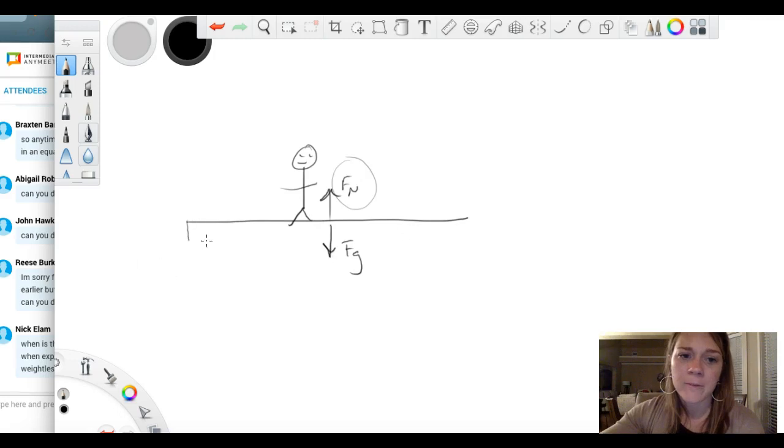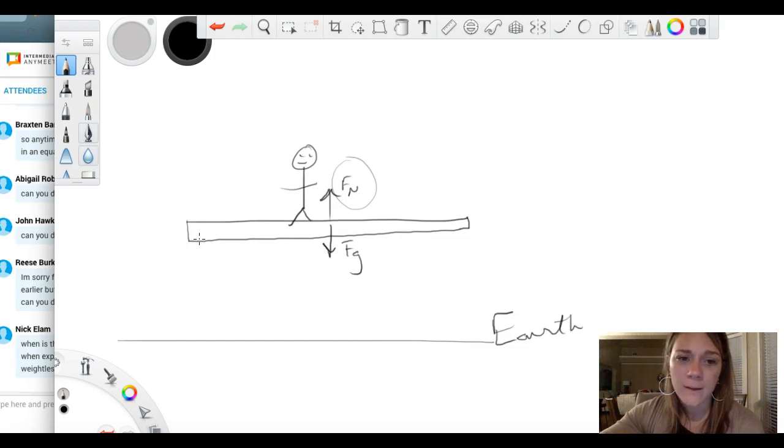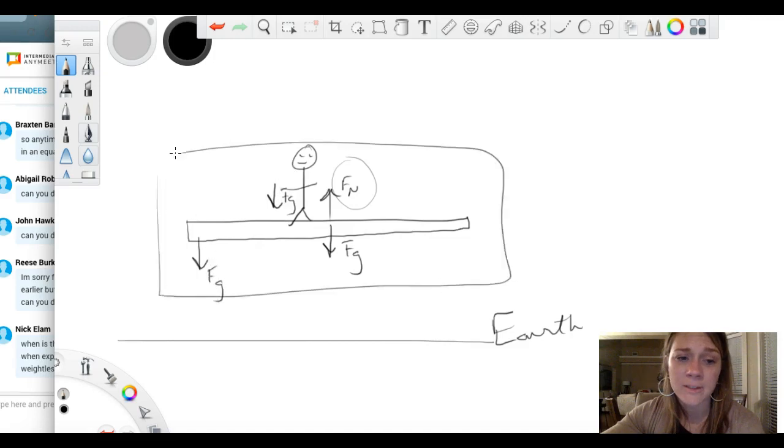But if this surface, let's say it was a table you were standing on, and now here's the surface of the earth, this table is now falling with its own weight. You have your own weight. So force of gravity on you, force of gravity on this table. Both of you are accelerating at 10 meters per second squared.